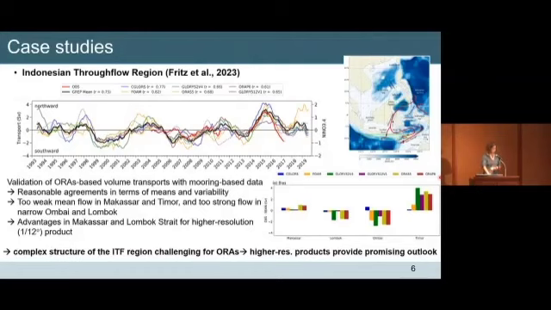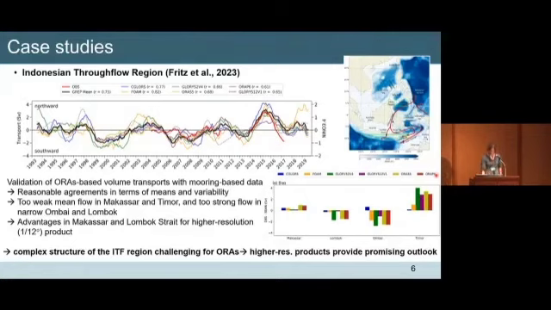So if we look at the bar plot at the right bottom, we see the biases between observations and reanalysis for the different products. And we see that actually the reanalysis show a flow that is too weak in Makassar and Timor Passage, and a flow that is too strong in Lombok and Ombai Passage.